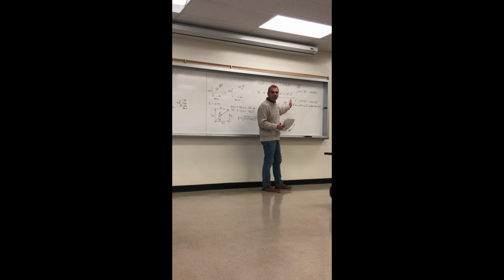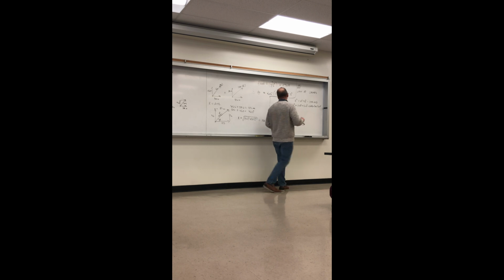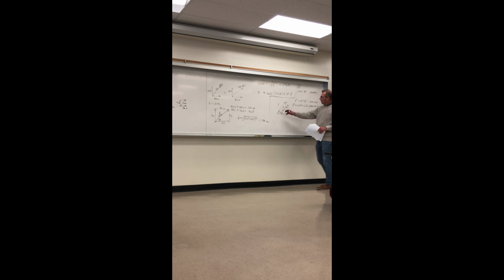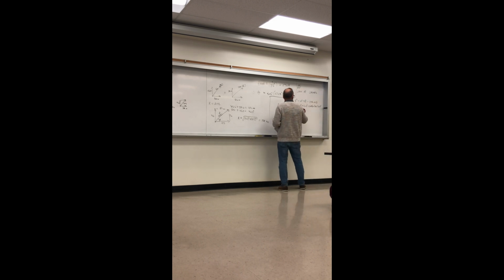That's the direction of B versus A. And so I have 180 degrees here, minus 20, that's this beta angle. From here to here, that's where 160 is coming from.